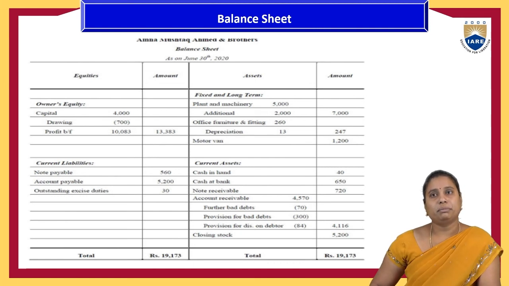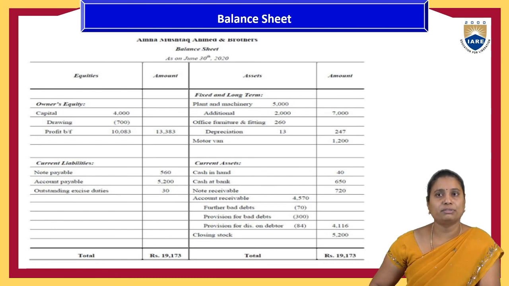Against it, the plant and machinery with an addition of 2,000, 7,000, office furniture and fittings 260, depreciation of 13, 247, and motor van as assets, and current assets of cash in hand, cash at bank, note receivables, account receivables, less bad debts and provision for bad debts, provision for discounts, and after deducting that, the closing stock we have added.